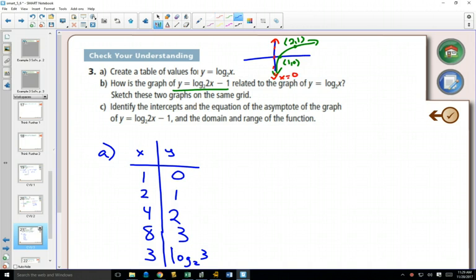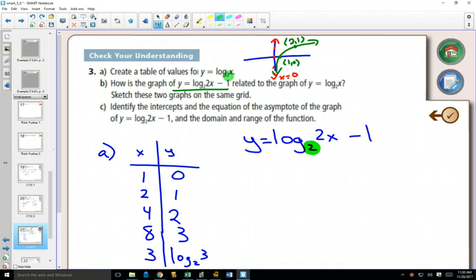And so if we want to do these transformations, if we want to graph log base 2 of 2x minus 1, the first thing, and sometimes people even take a highlighter out and do this, is they highlight that 2 because that 2 is part of your parent graph. It is not a transformation.